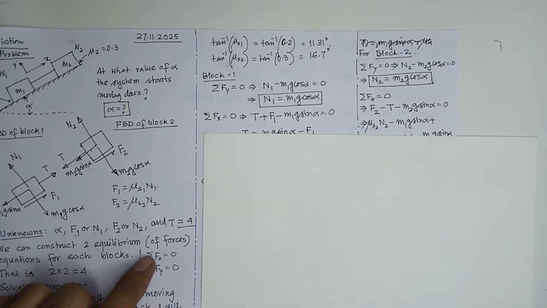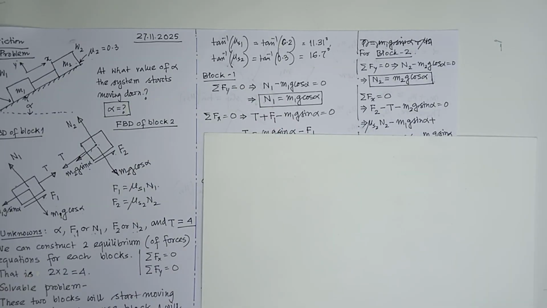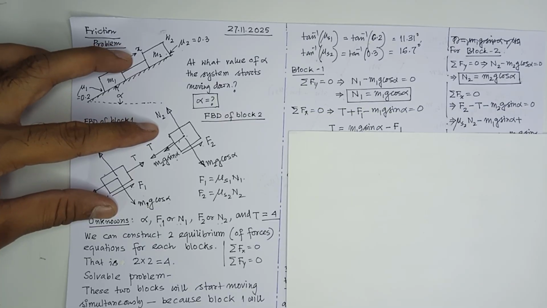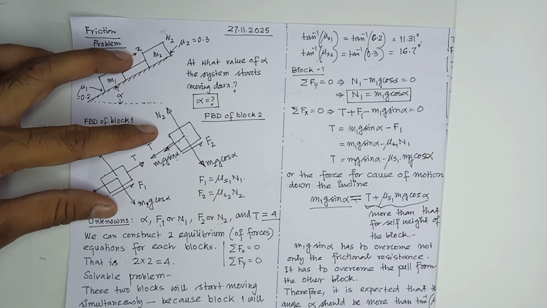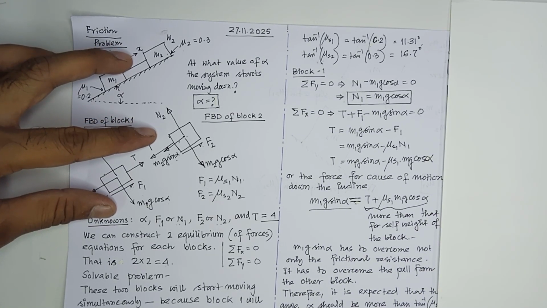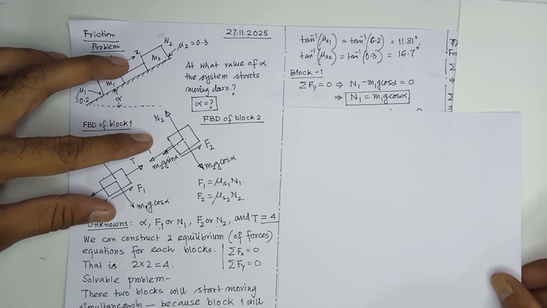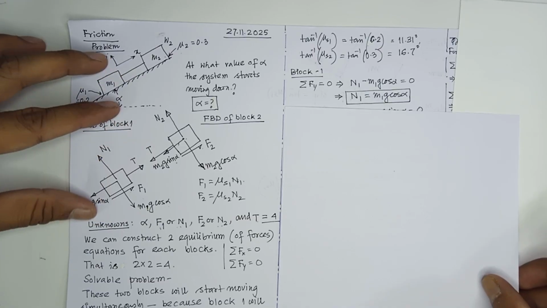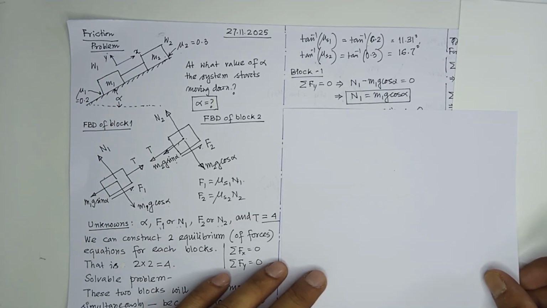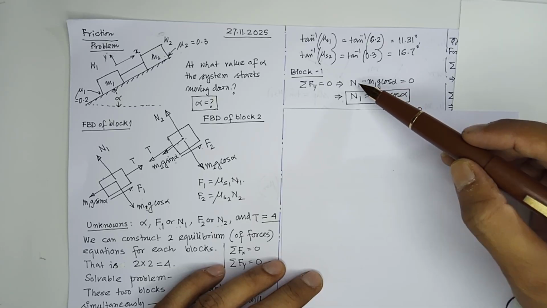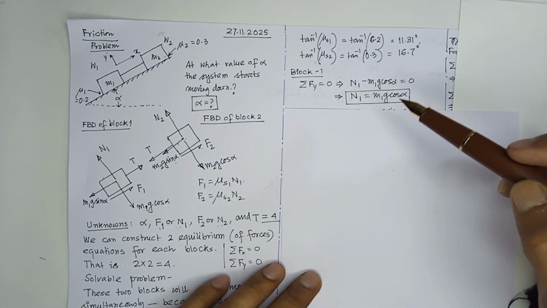equations, that is summation fx is equal to 0 and summation fy is equal to 0 for these two blocks, that means from the free body diagrams of these, then what we can basically do is start writing in terms of the unknowns.